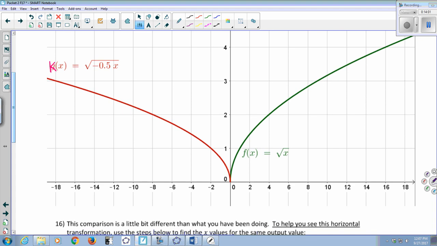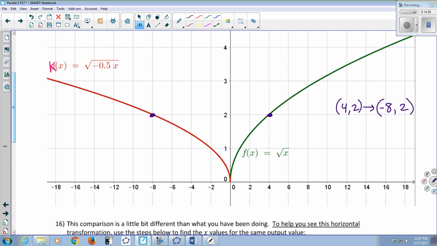So I want to pick, let's say, a y value of 2. So here's one on f, and here's one on k, right? So f is at 4, 2. And the point on k that has the same y value is negative 8. That's the x value that gives the same y value.